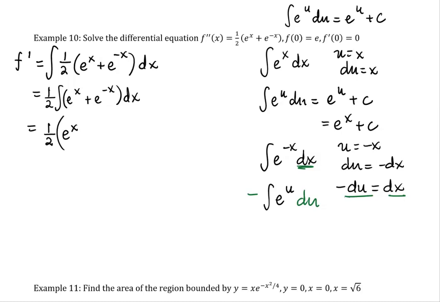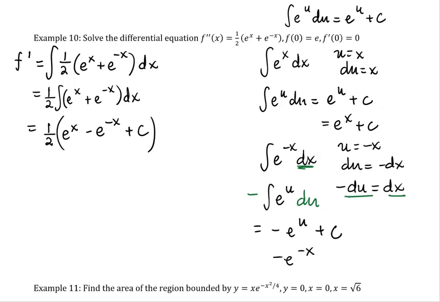So then that would leave us with negative e to the u plus c, and then u is negative x, so that is negative e to the negative x. So the integral of e to the negative x is negative e to the negative x. And I do have my plus c here. So this is our f prime.